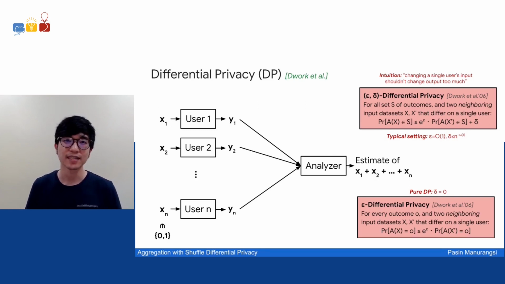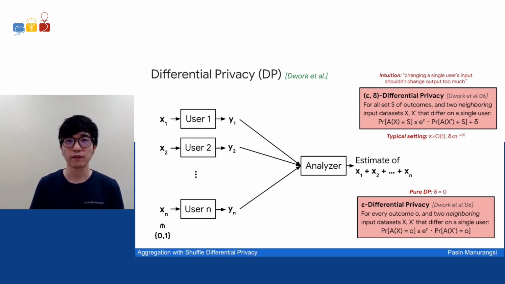And since this is the failure probability, you want this to happen with very small probability. So delta is typically set to be negligible in n, so it's 1 over something like n to a very large power, or 1 over super-polynomial in n. Whereas the typical setting of epsilon is a constant, something like 1 or 0.1 and so on. So these are good to keep in mind.